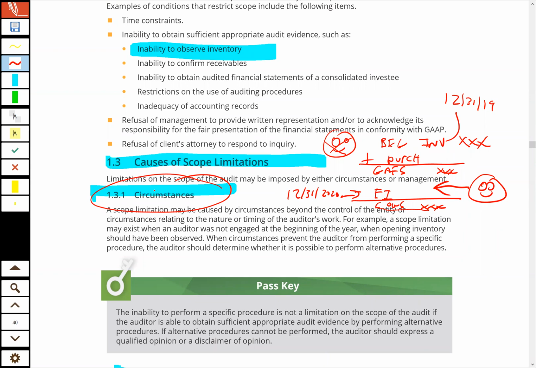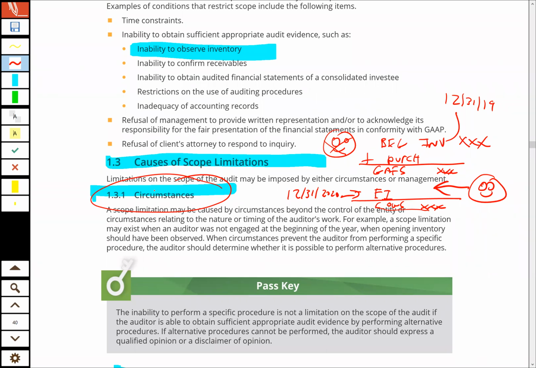If management goes along with that, you might be able to back into what the beginning inventory must have been, because maybe there's not a significant amount of activity in January, and it's easy enough for you to take the inventory February 1st and satisfy yourself as to what the beginning inventory was. We call that an alternative audit procedure.